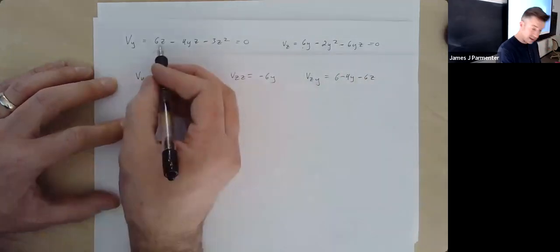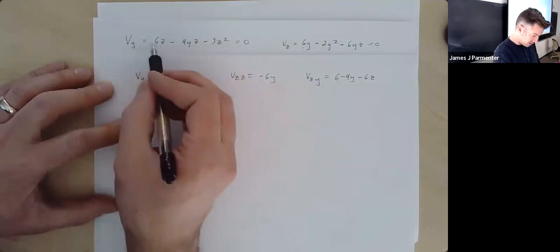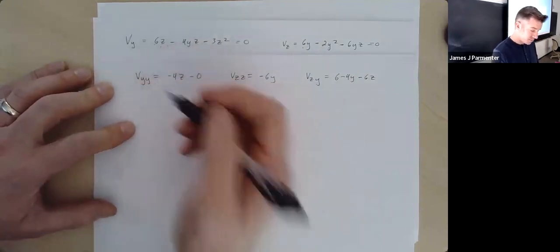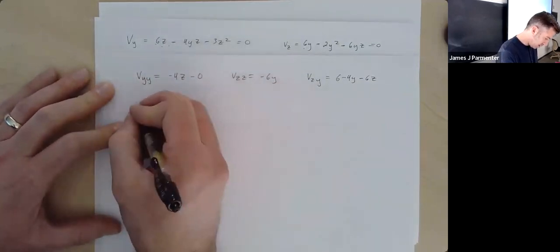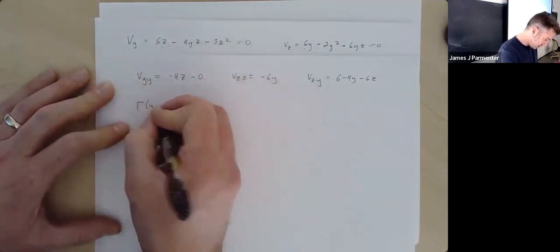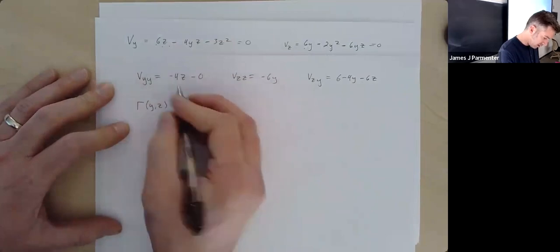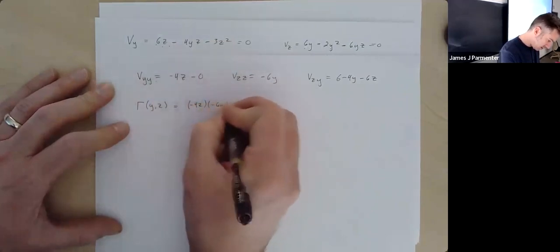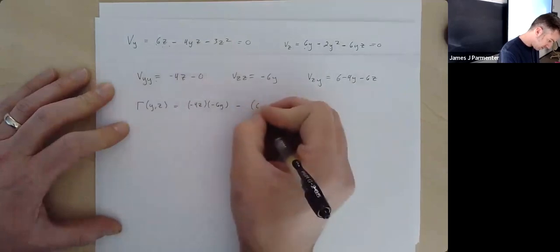That's the same as VYZ. VYZ would be 6 minus 4y minus 6z. Got it, checks out. So then our gamma of y comma z instead of x comma y is going to be this times this minus that squared.